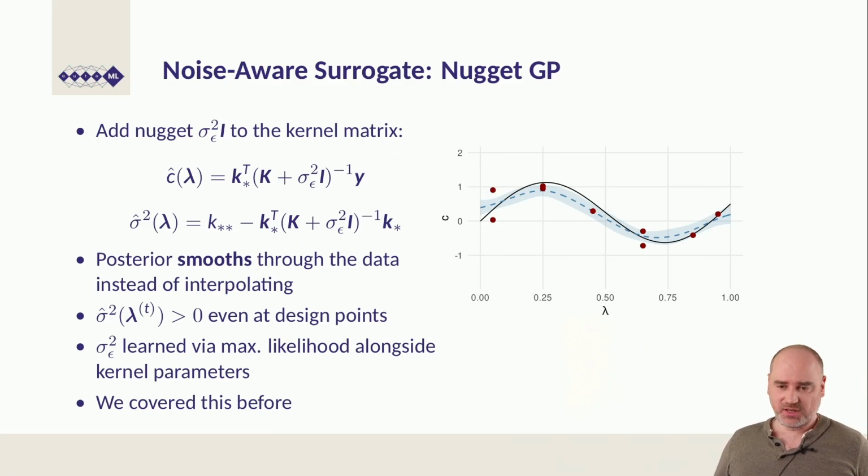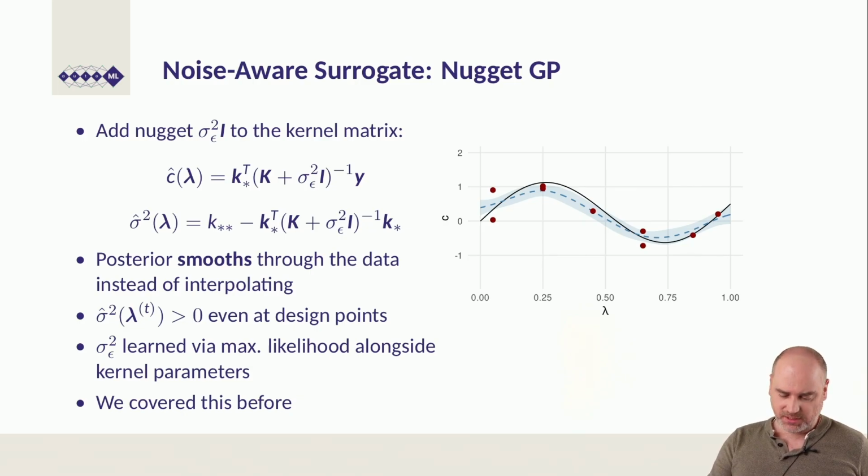So the first thing we can do is go from an interpolating model, from an interpolating Gaussian process, to a noise-aware surrogate where the Gaussian process acts as a regression model. I have put that on the slides before. Maybe I haven't discussed this in depth because I mainly wanted to talk about the interpolating scenario in the slides before.